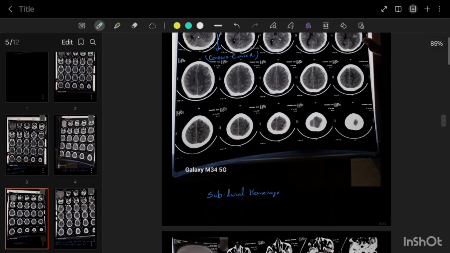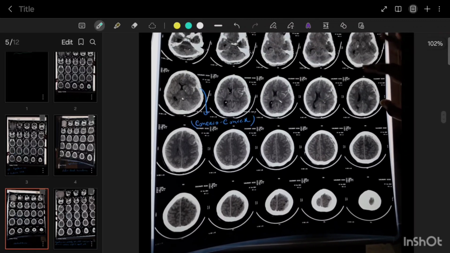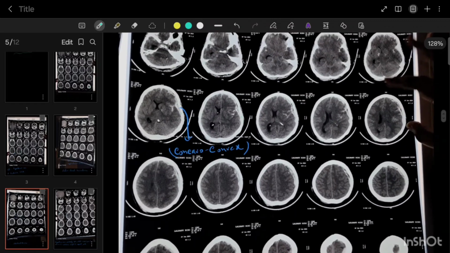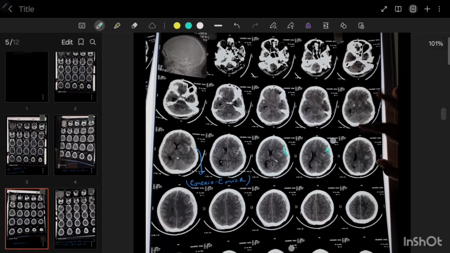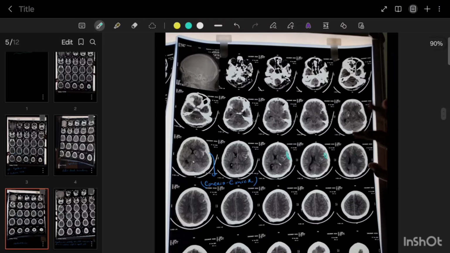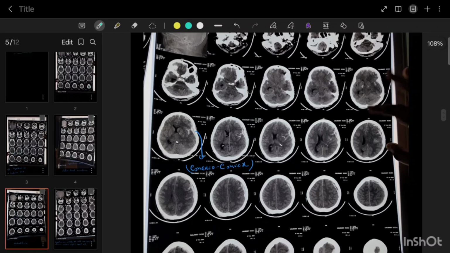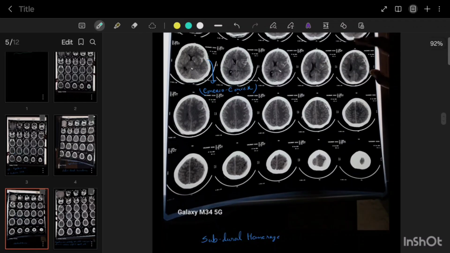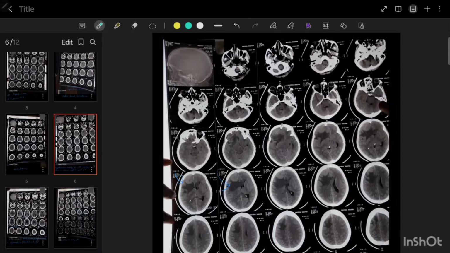This signifies a subdural hematoma or subdural hemorrhage. Let's see this plate also. So it is a subdural hematoma. So what you have to say: this is a CT scan of the brain and here we can find a left sided concave convex hyperdense area which signifies a subdural hemorrhage.